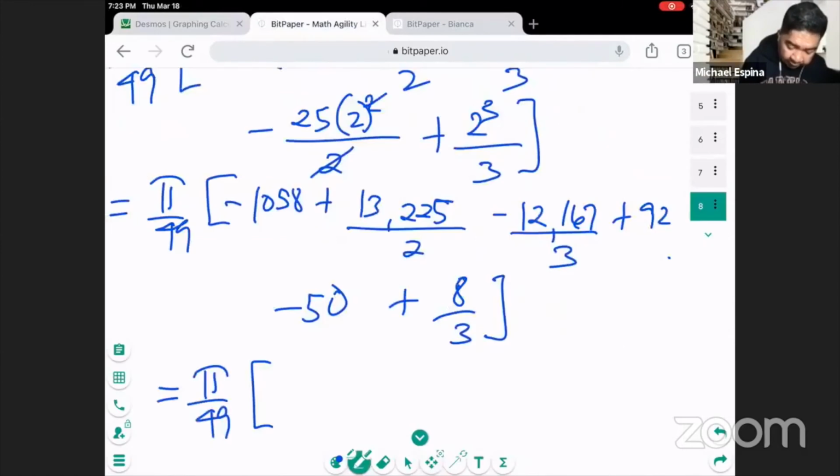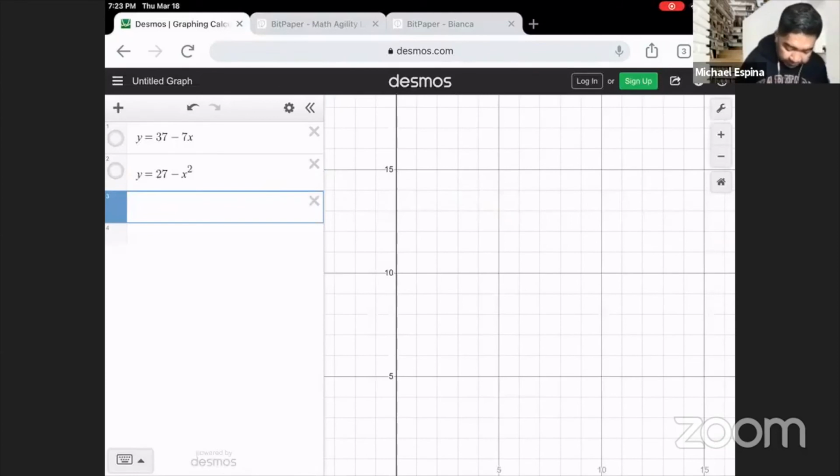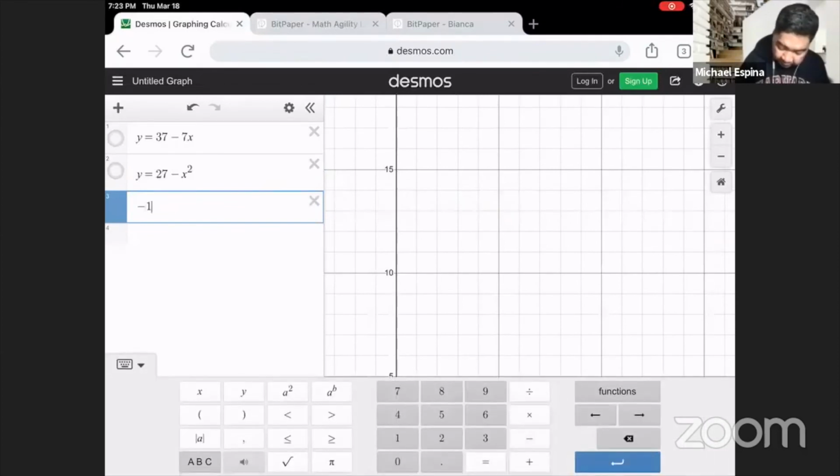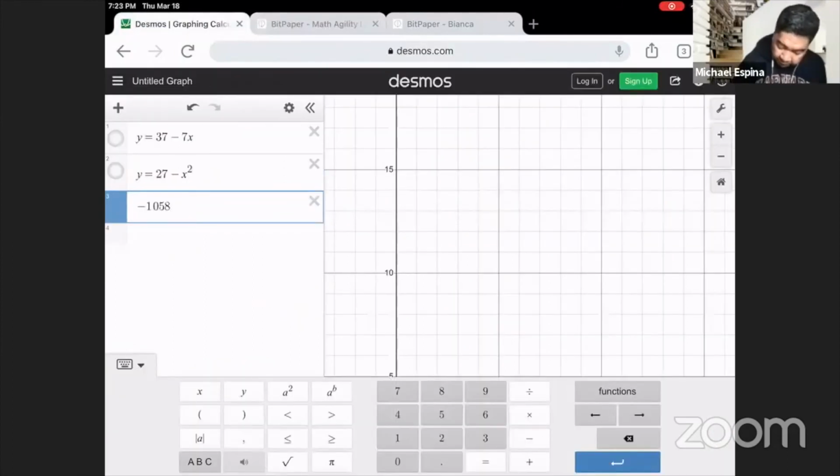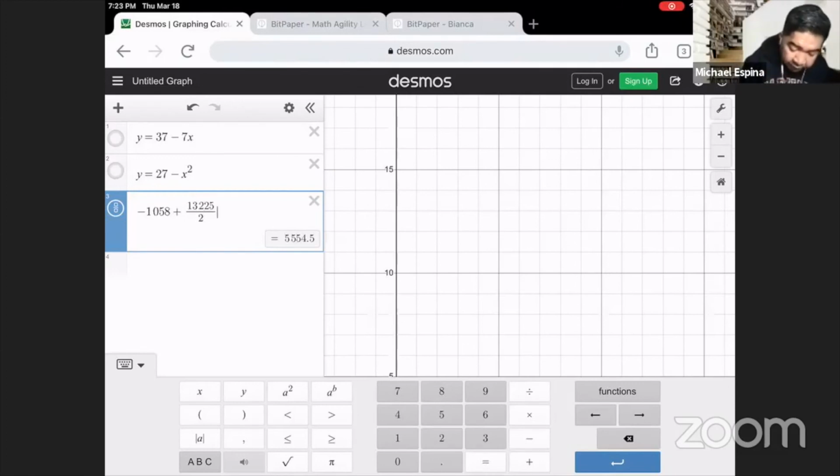So negative 1058 plus 13,225 divided by 2.